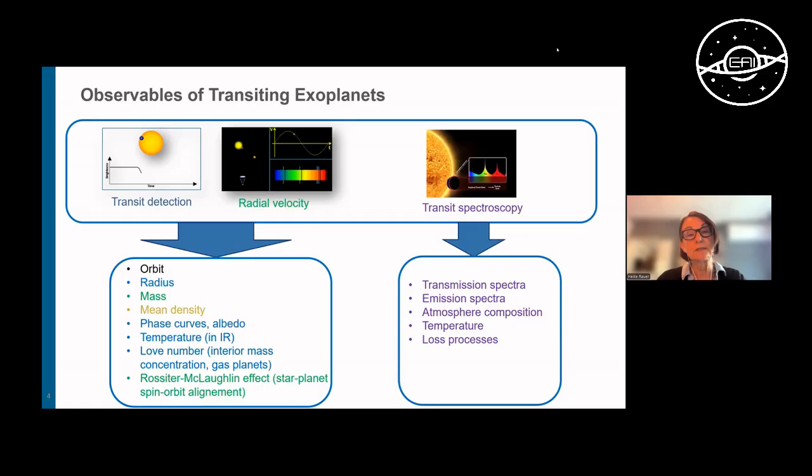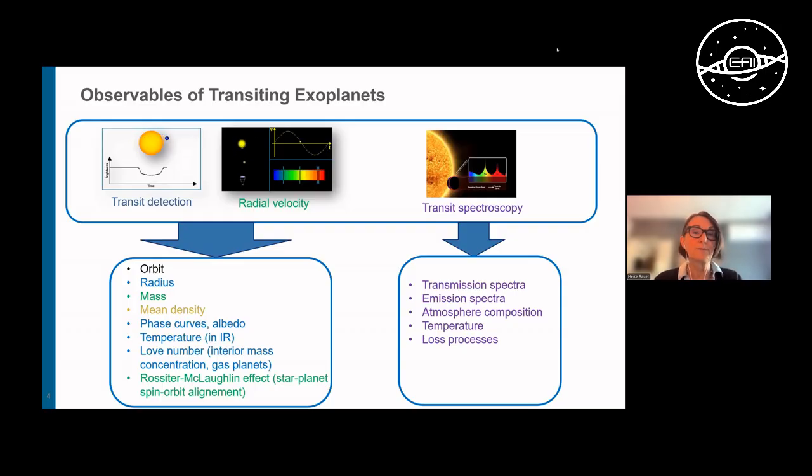The radial-velocity method is a spectroscopic method, and it measures the motion of the star, which is induced by the planet orbiting the star. Both together orbit around the common center of mass, and so when we can measure the motion of the star, we can infer the orbital period of the planet. We can also determine the mass of the planet.